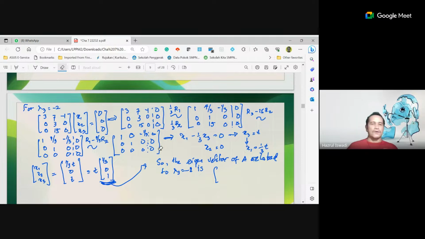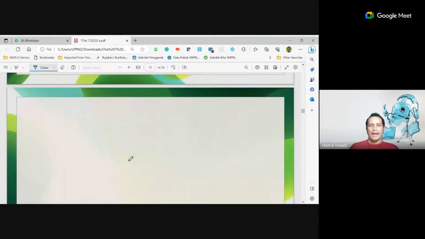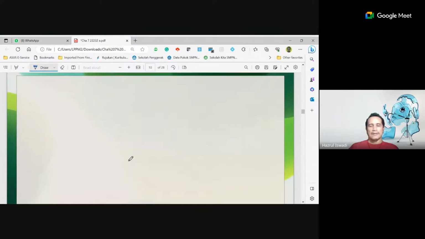Okay, so this is our eigenvector, and I will make a summary for this problem.